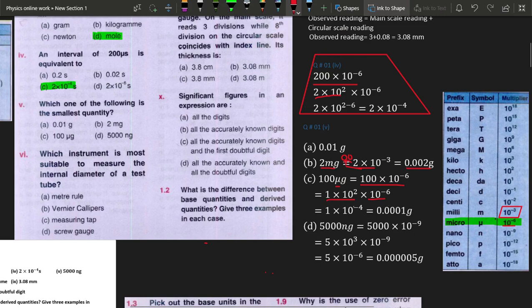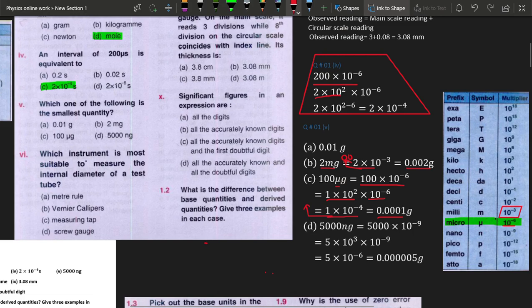Now when we solve, it will be 1 into 10 raised to power minus 4. Now convert back this scientific notation into a simple number, it will be 0.0001 grams, because we move 4 places from right to left side.